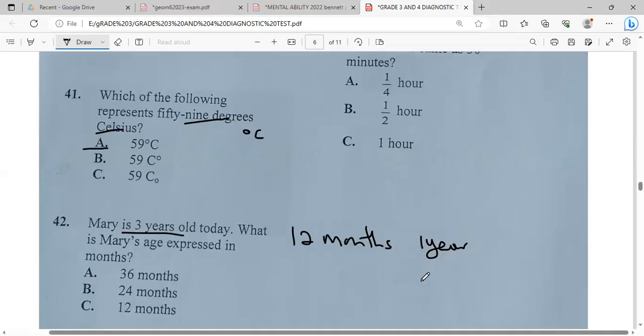If you are 3 years, that means you're gonna be multiplying by 12. So it's gonna be 3 times 12, which gives us 36. Or you could add 12 each year. So this is year 2 and then year 3. So that gives us 36 months. Very nice question.